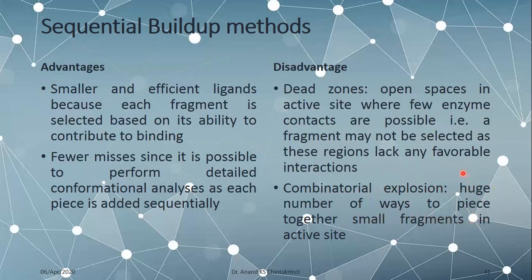The hydroxy group can be placed in various orientations, because OH can be connected to another fragment in a number of ways. Say the OH is connected to benzene at the second position or the third position. So it will consider all possible positions on the benzene ring, and this will lead to a combinatorial explosion.